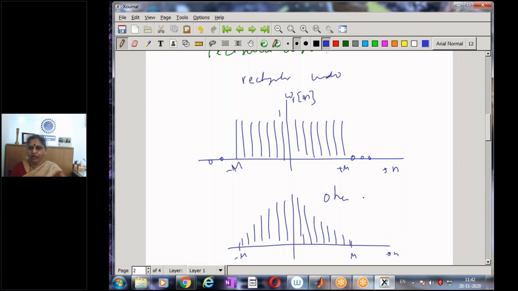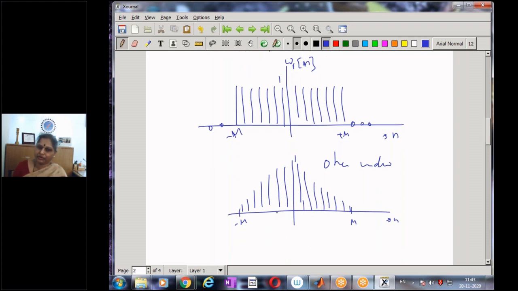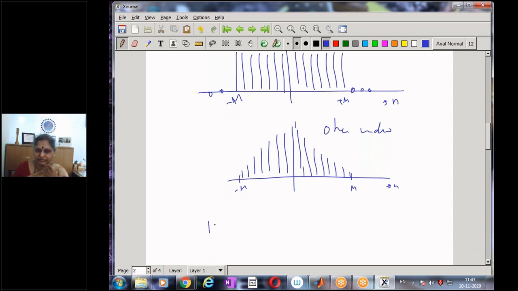These are 1 at n equal to 0 and decrease gradually as n increases, tapering down towards 0 at the ends. When I use these other window functions, the problem of overshoot, or the Gibbs phenomenon, will not be present, and we'll have a better design of our FIR filter. This is something we'll take up in the next module, where we will name a few window functions.